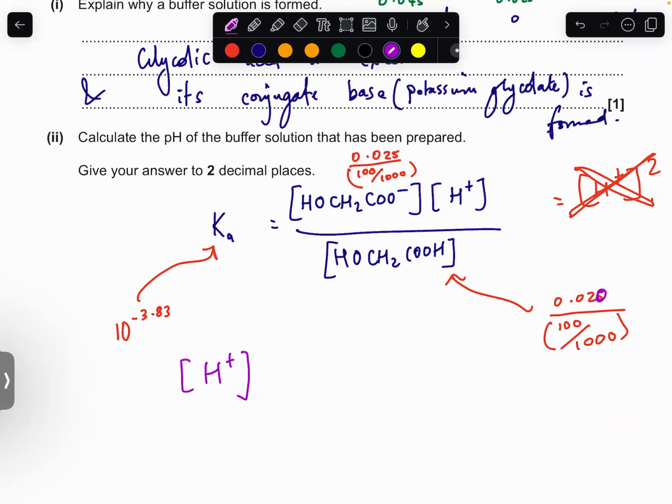So let's just plug all this in and work out the H plus concentration by rearranging. Let's get Ka first, 10 to the power of minus 3.83. Let's multiply that by 0.20, which is the weak acid, and then divide by the salt, 0.25. That gives you 1.18328 times 10 to the minus 4.